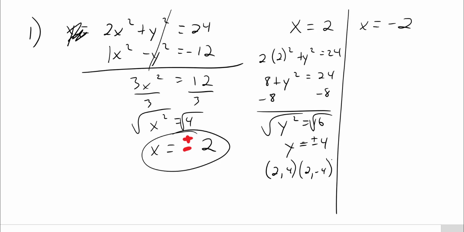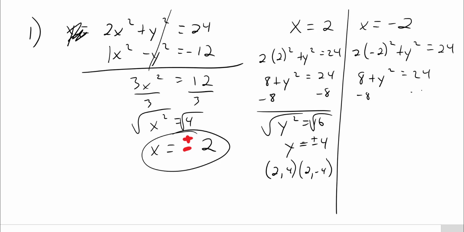All right, now I'm going to plug in a negative 2 into the equation. So 2 times negative 2 squared plus y squared equals 24. Okay, and so negative 2 squared is 4 times 2 is 8, so it's 8 plus y squared equals 24.